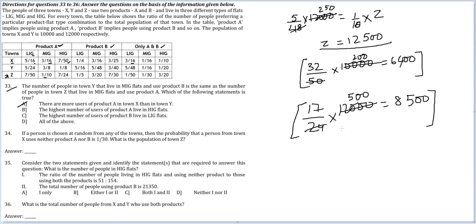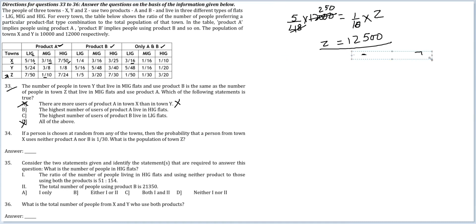This is the number of people living in town Y and using product A. So the first statement, there are more users of product A in town X than in town Y, is definitely false. And because option A is false, at this time itself, you can also eliminate option D. So between B and C, you only have to check one thing, whichever turns out to be true. That will be your answer.